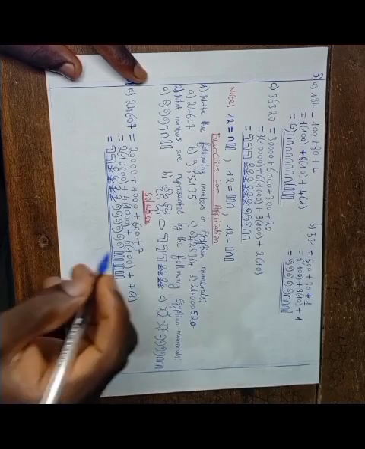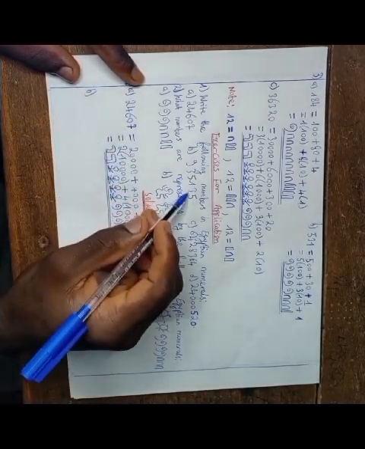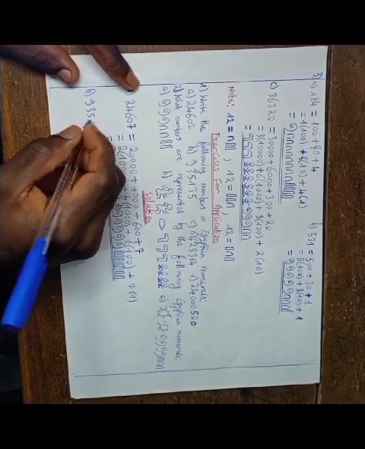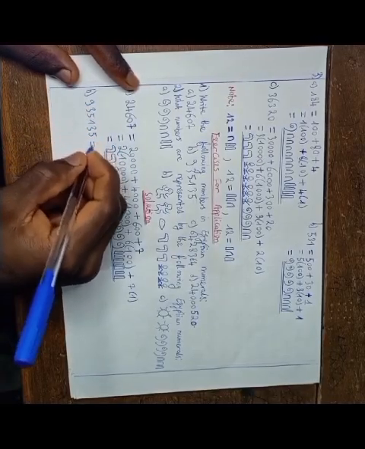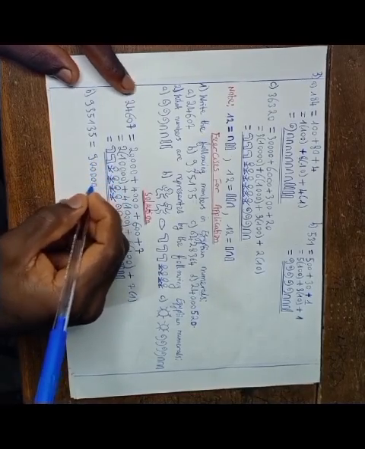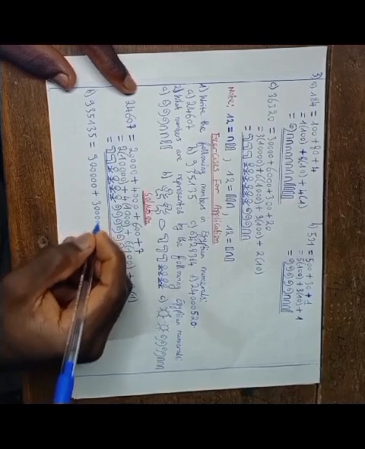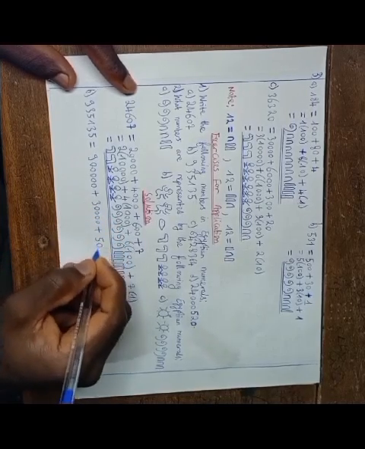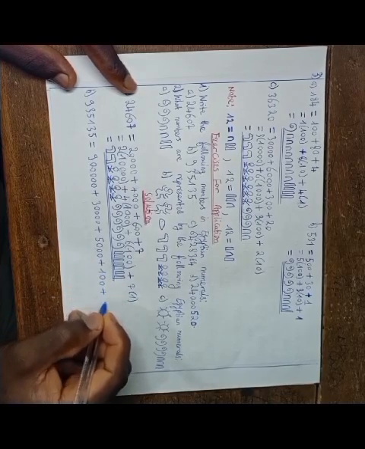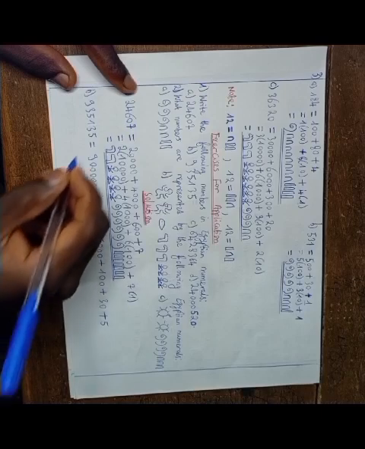Next, we move to question B. We have the number 935,135. This will be equal to 900,000 as value of 9 plus 30,000 plus 5,000 plus 100 plus 30 plus 5.